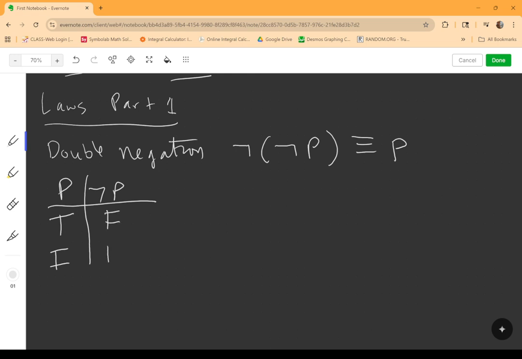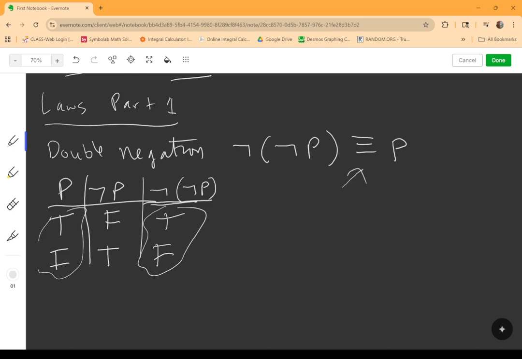If p is false, not p is true. That is the duality of these statements. Well, what if I negate the negation? If not p is false, the negation of it would be true, and if not p is true, the negation of that would be false. And we see equivalent truth tables. Hence, we have that equivalence relationship.